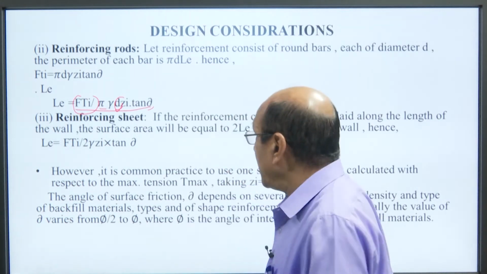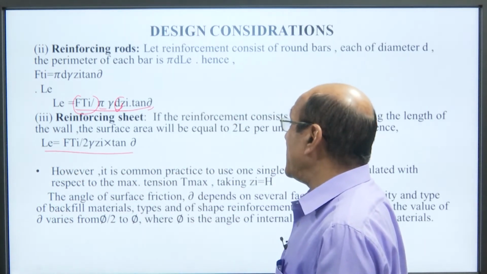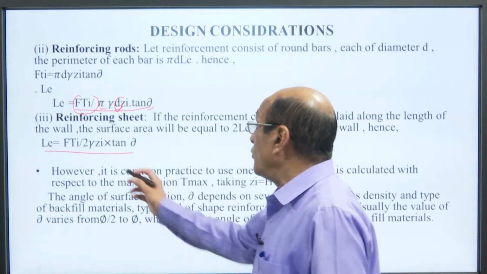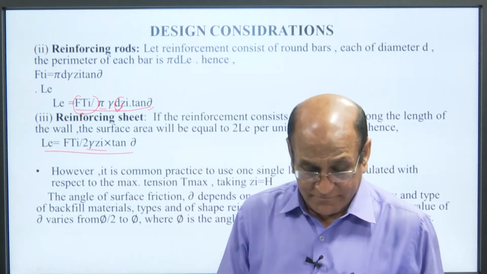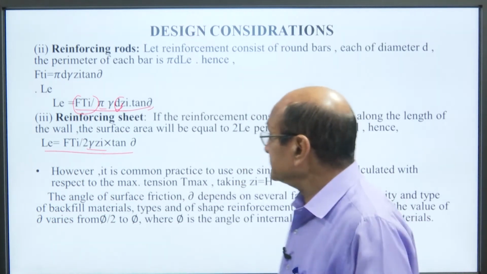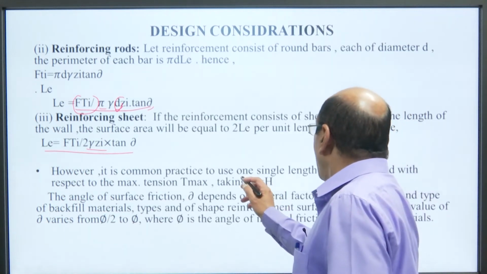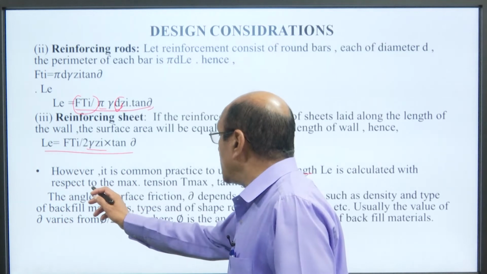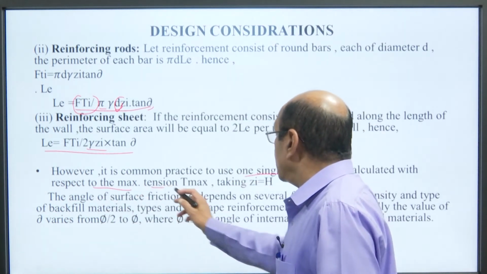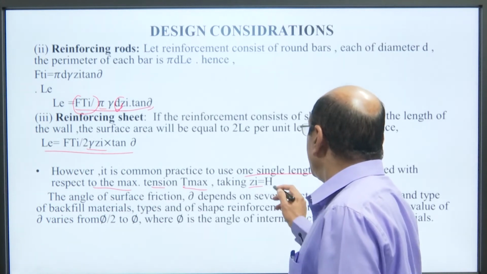Hence, L E will be equal to F T i divided by 2 gamma Z i into tan delta. However, it is common practice to use one single length L E calculated with respect to the maximum tension, that is T max, taking Z i equal to H.